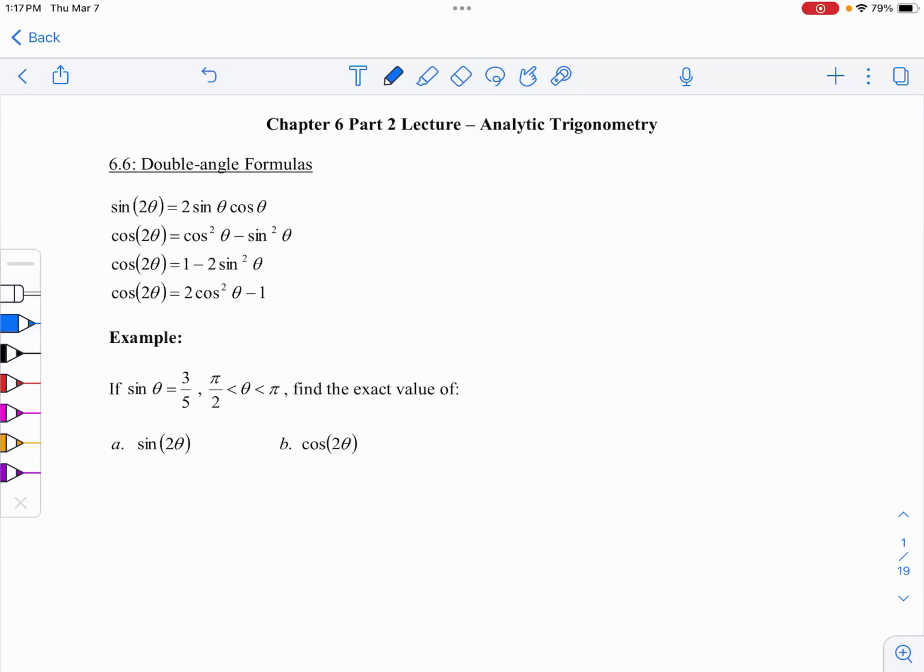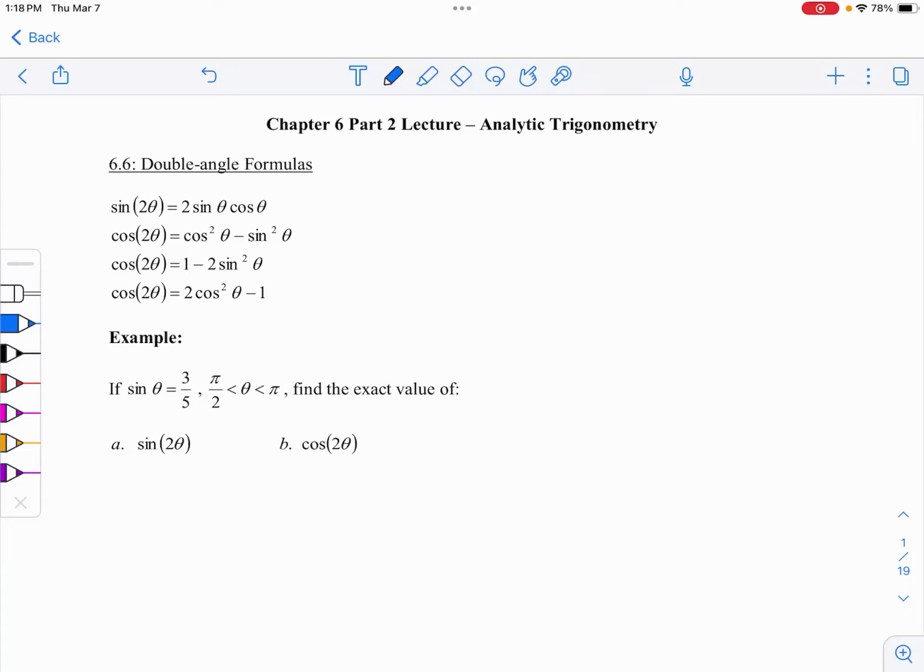There are actually listed 4, but these are all just alternate ways of writing the double angle of cosine by using the fundamental identity and plugging it in. Cosine squared theta equals 1 minus sine squared theta, and we get this one. Sine squared theta equals 1 minus cosine squared theta, and we get this one. So this is the generic one, and plugging in the fundamental identity gets these other two.